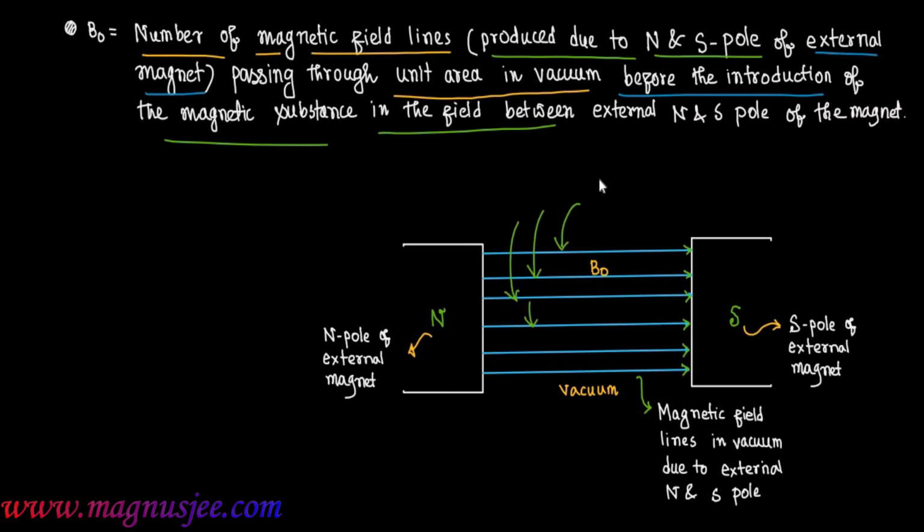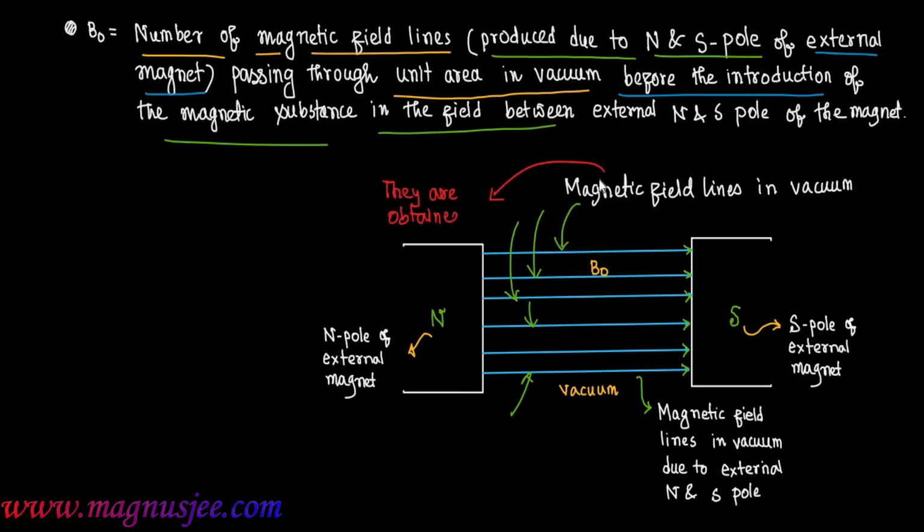In the diagram, these are the magnetic field lines which are traveling from the north pole to the south pole of the external magnet in vacuum. So these are the magnetic field lines in vacuum before introduction of the magnetic substance, and they are obtained due to this N pole and S pole of the external magnet.